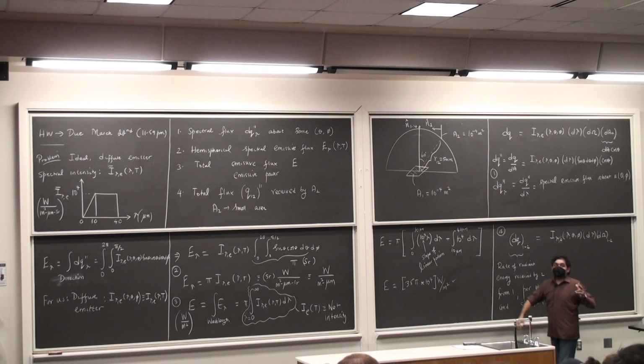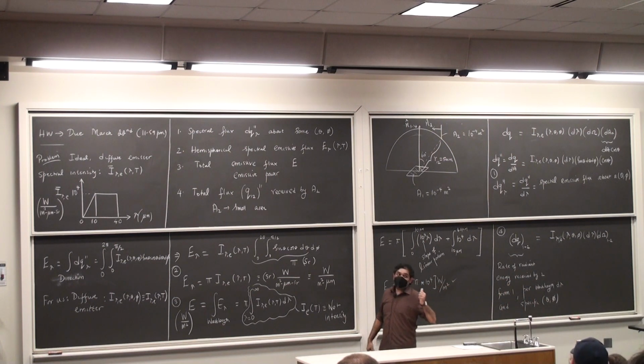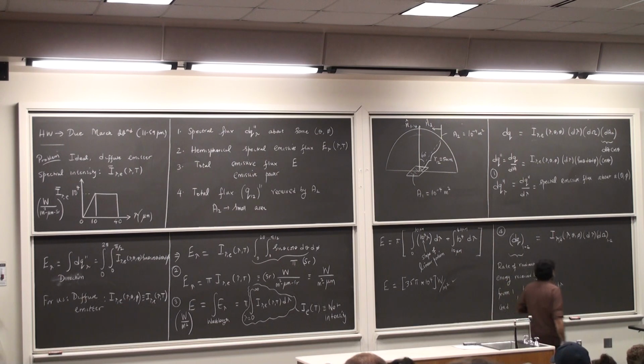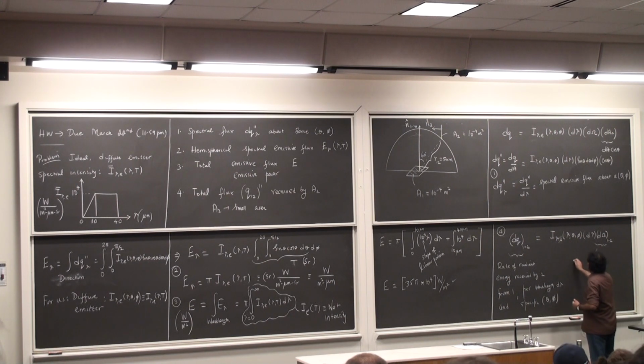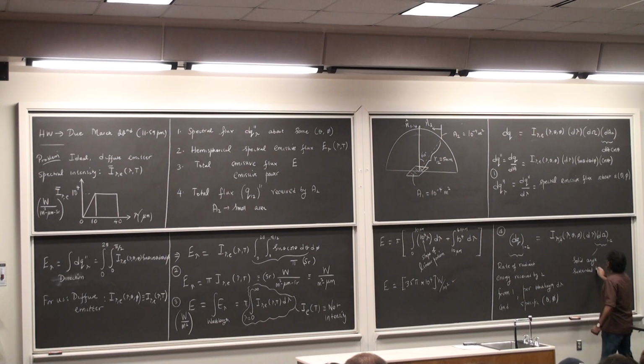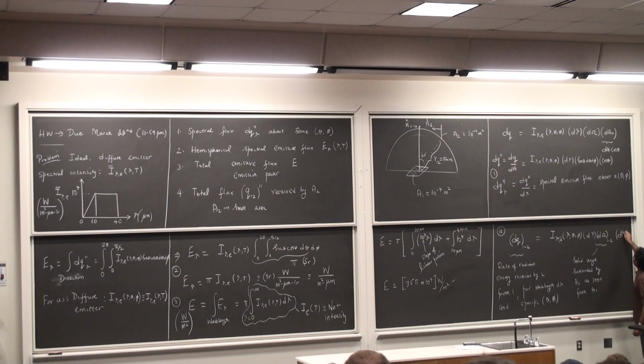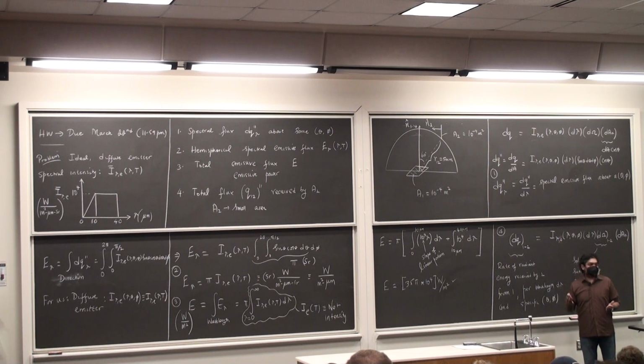This is the solid angle subtended by the surface A2 as seen from surface A1, and then multiplied by dAn, that is the portion of what a person sitting on A2 is seeing of A1.